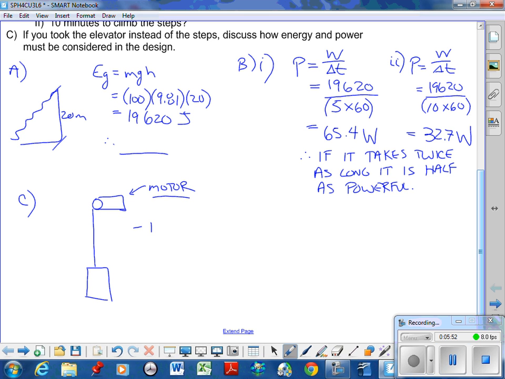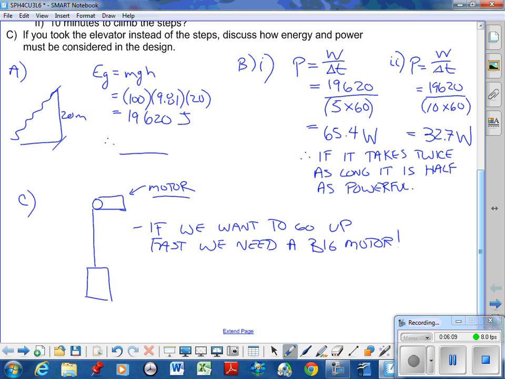So if we want to go up fast, we need a big motor. Okay? Has to be a really big motor if you want to go up fast.